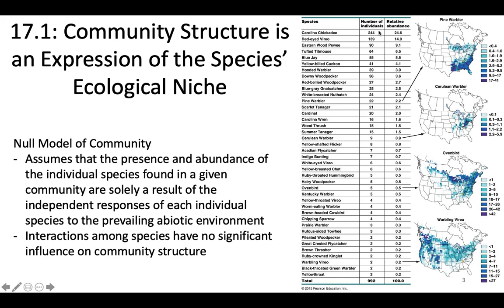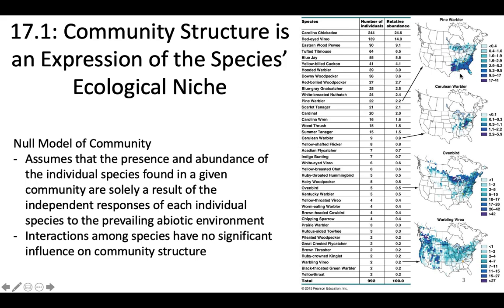This is looking at different species of birds and their relative abundance across geographic space in the U.S., so different structures of different bird communities across the U.S. You might imagine that these purple areas in the different parts of the map are where the species are at their optimal abiotic conditions.